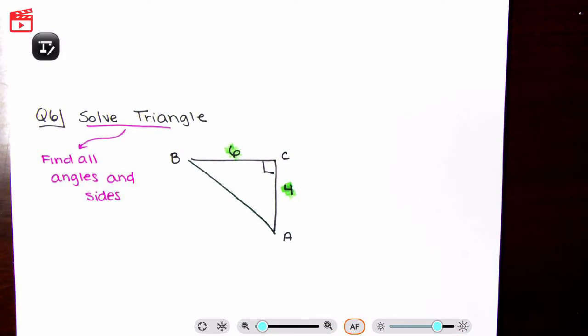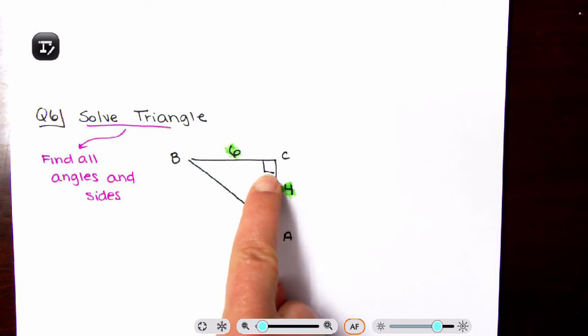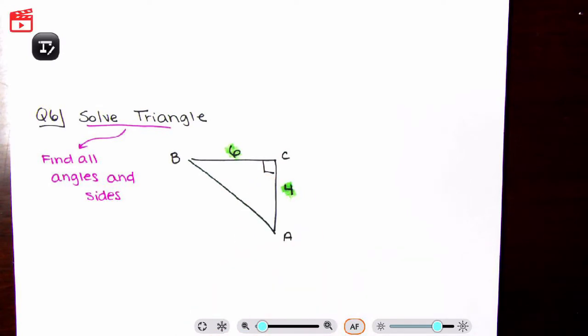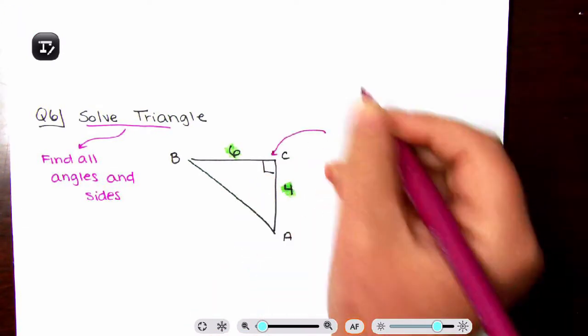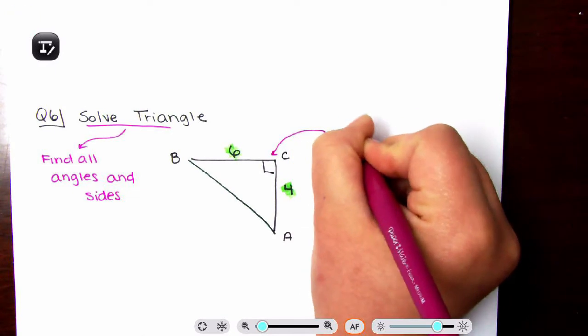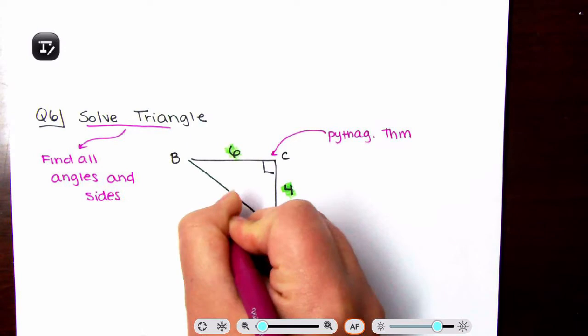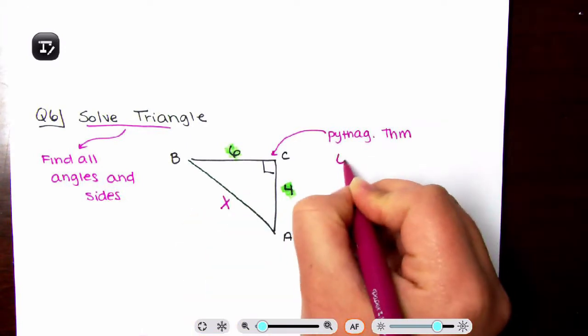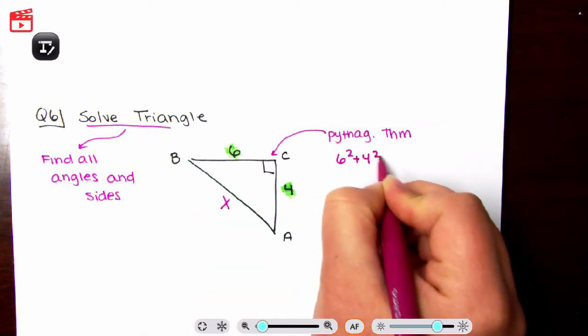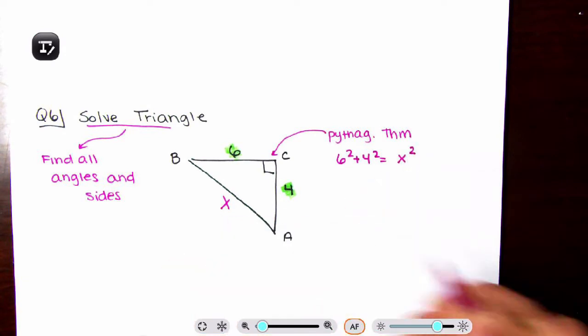What we can do, because right now the only thing I know is this is a 90-degree angle, we can use, again, 90 degrees, the Pythagorean theorem. And we can use the Pythagorean theorem to solve for the hypotenuse. So we have 6 squared plus 4 squared equals this x squared. You can put c if you want.